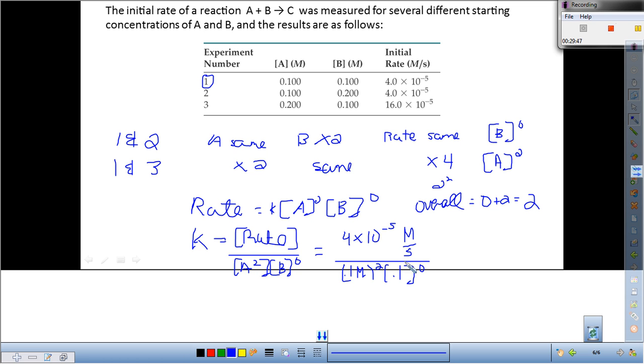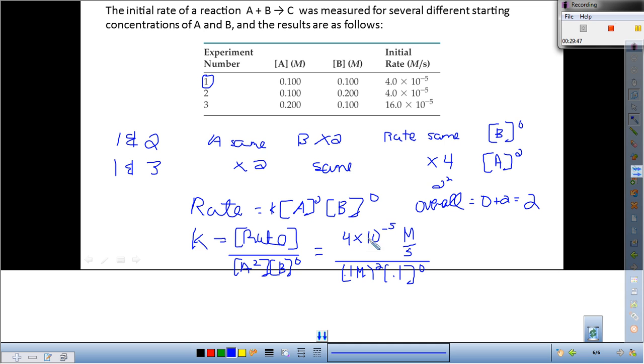So we have 4 times 10 to the negative 5 divided by 0.1 molar squared times 0.1 molar raised to the 0. Well, what's anything raised to the 0? That would be a 1. So this is going to go away.